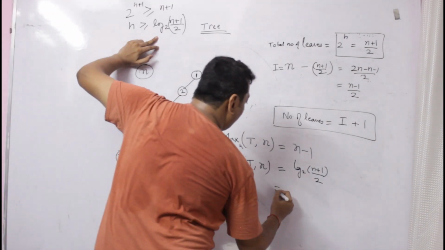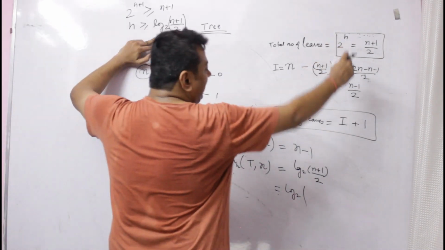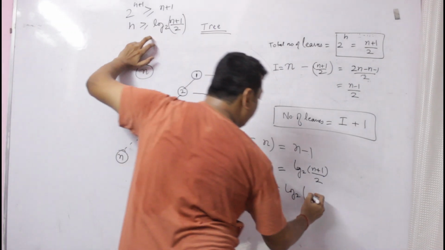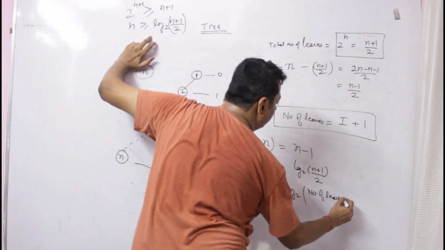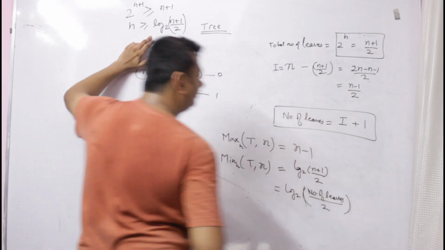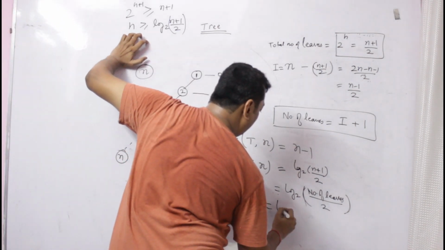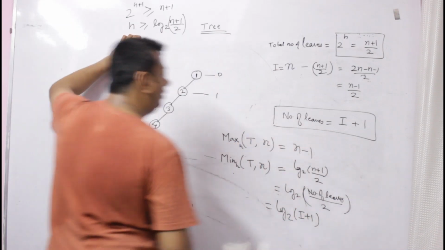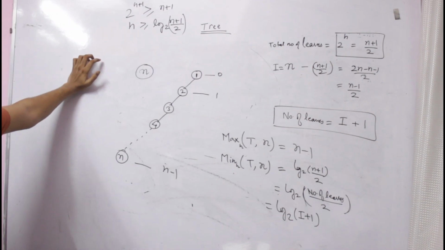This may also be written differently. What was (n plus 1) by 2? (N plus 1) by 2 was the total number of leaves. So minimum height will be log 2 of number of leaves, or you may also write log 2 of internal nodes plus 1.